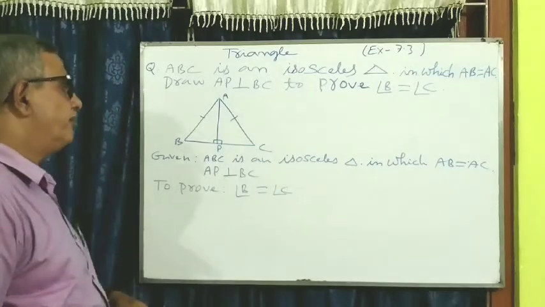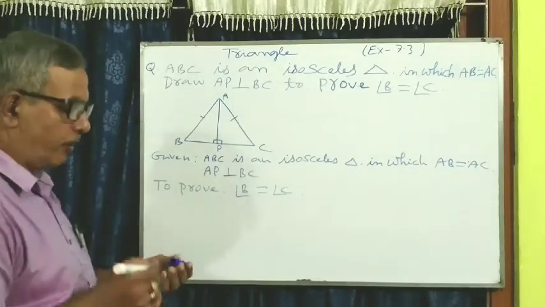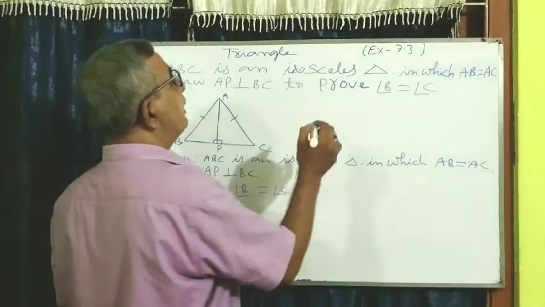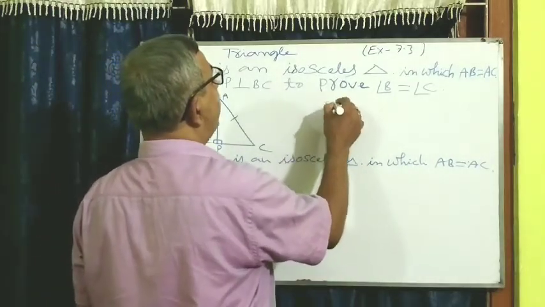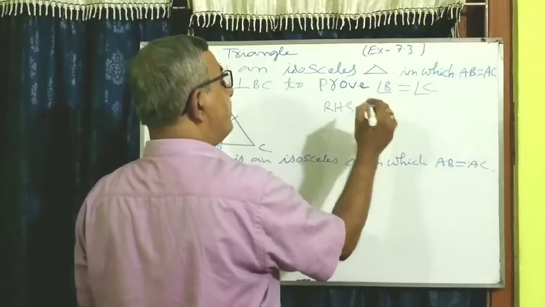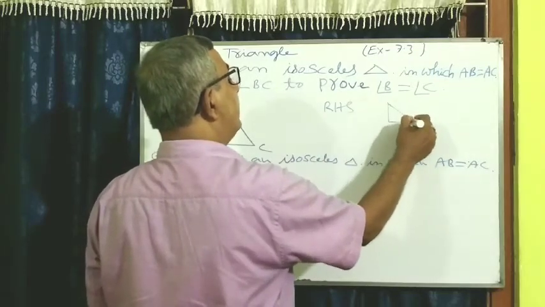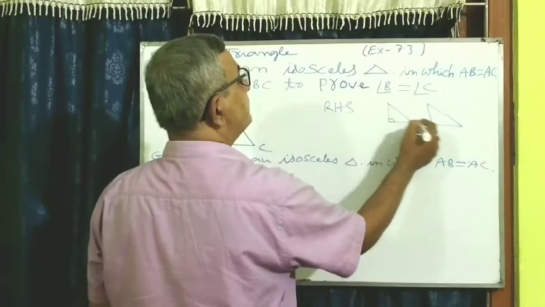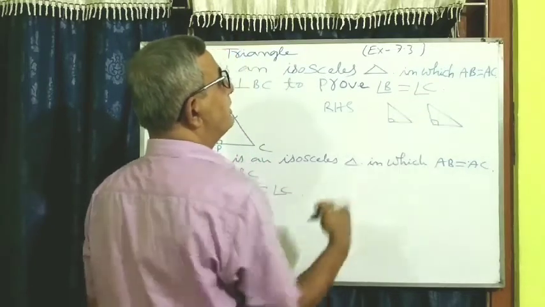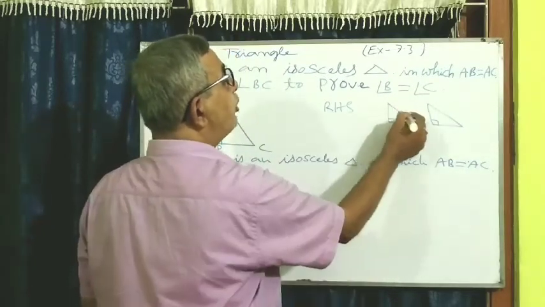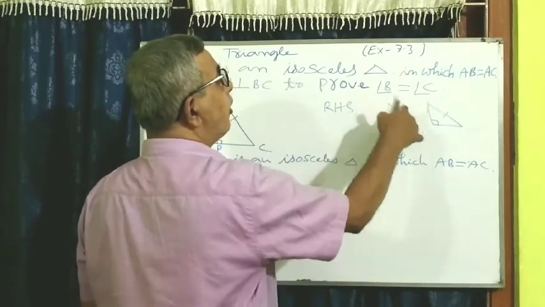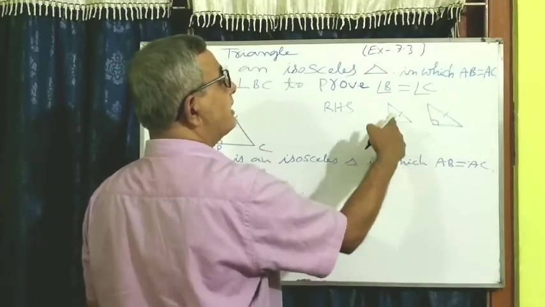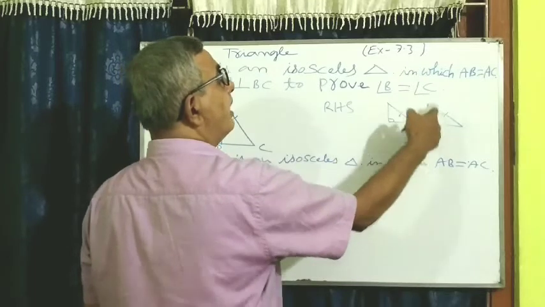Once again, before starting the proof, you should have the idea of RHS. Suppose there are two right angle triangles, here is 90 degree, 90 degree, so they are called right angle triangles. If hypotenuse equals hypotenuse, the side opposite to 90 degree, the longest side, is called hypotenuse.